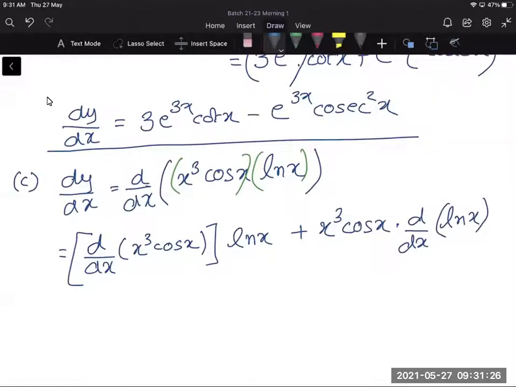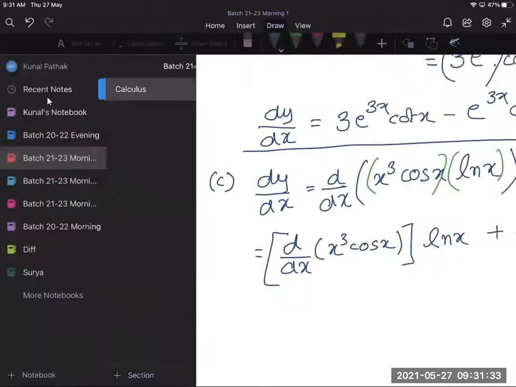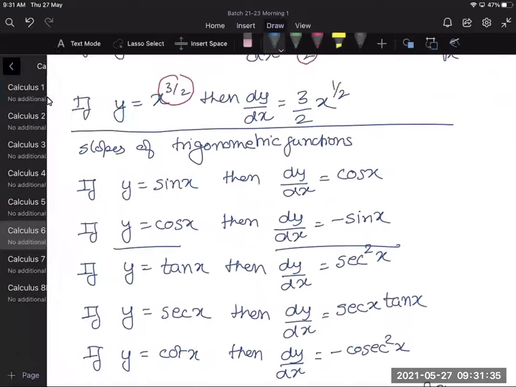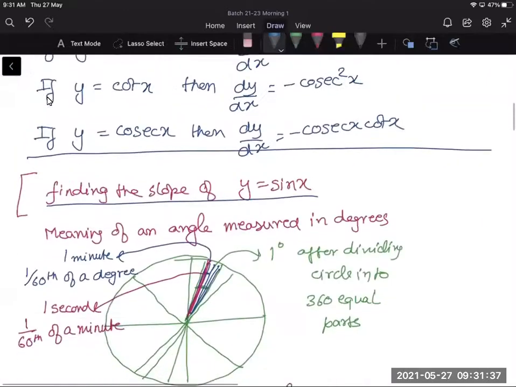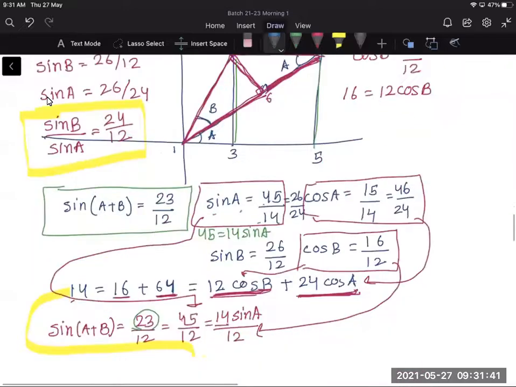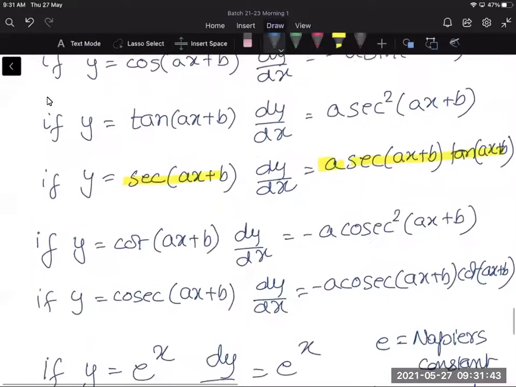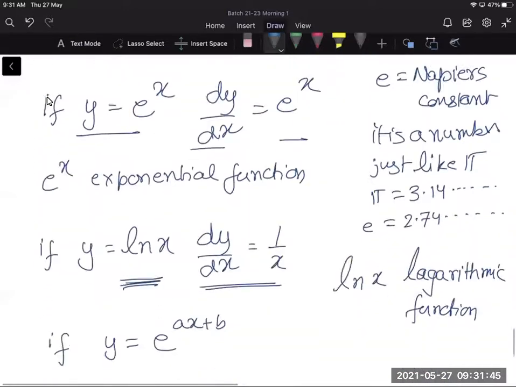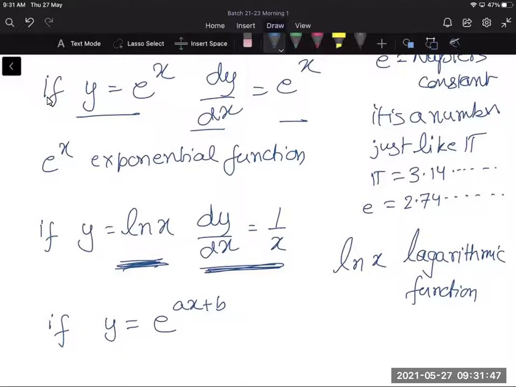Now this guy I know, because this exists in my standard table of results, right? I can instantly go back and say that here y is equal to ln x, dy by dx is equal to 1 by x. I know this.